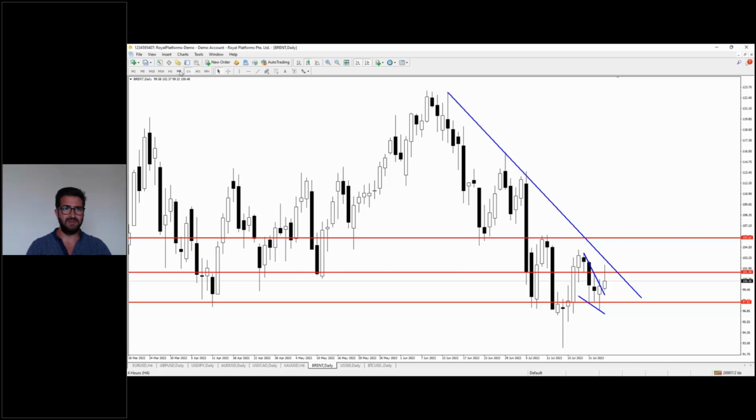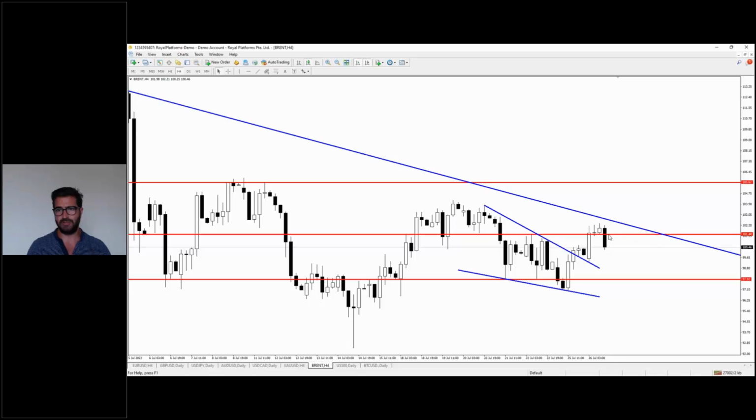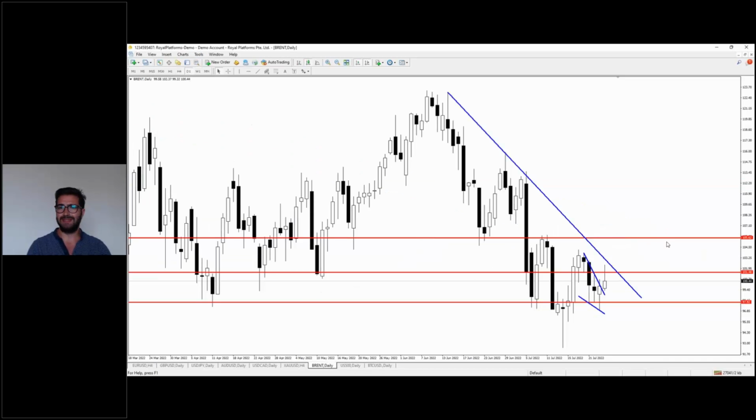But for now, we have a huge sell pressure, as you can see, but the 4-hour bar didn't close yet, so we need to wait. If we have a breakout of the bearish trend line, which is the blue one, and a close above the 101, I can see the UK Brent oil reaching, as a short-term analysis, 105.